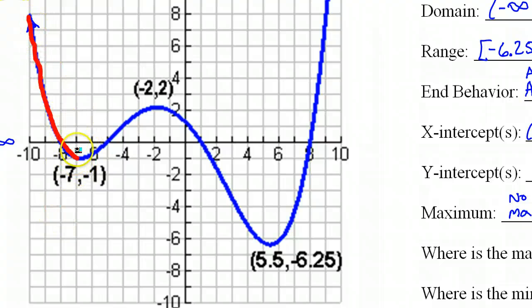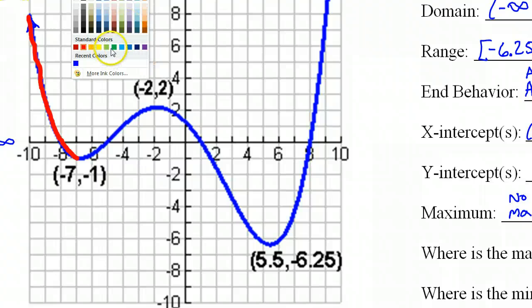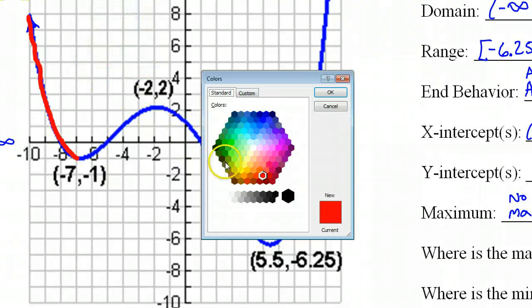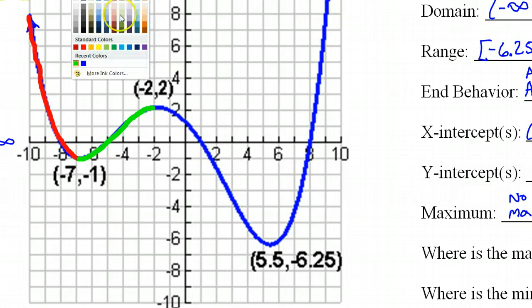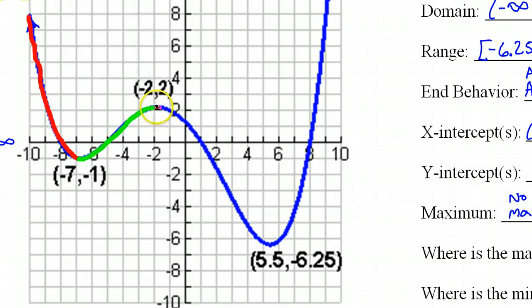Alright, so it's going to be a decreasing interval from there to there. I don't like this color green. It bothers me. I'm going to use this color green. Alright, so it bottoms out right here, and then it starts going uphill. So it goes uphill from here to here. Okay, and then it goes downhill again, from here to here.